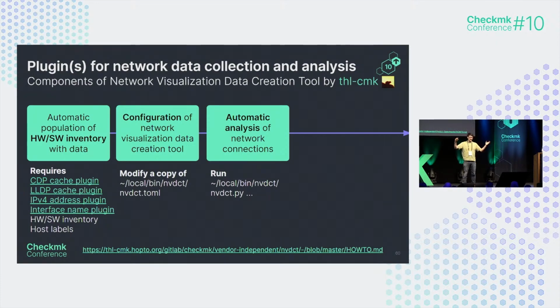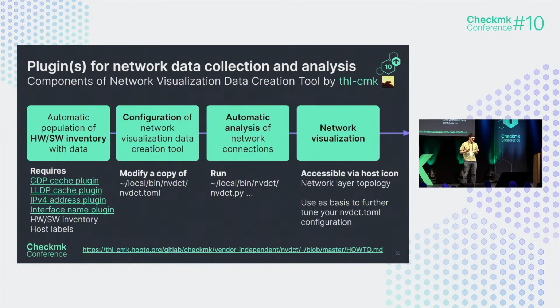There's a lot of know-how around how networks work, how different vendors are using the data, how they are assigning values. And then with the matching, in the end, you get this network visualization. And then you can use that to further tune the configuration.